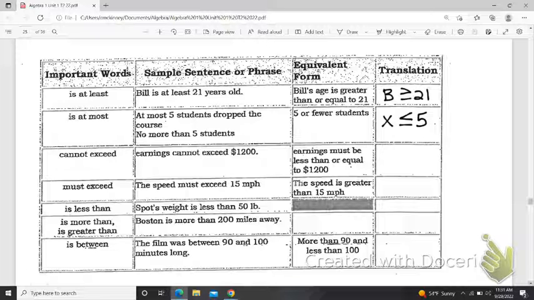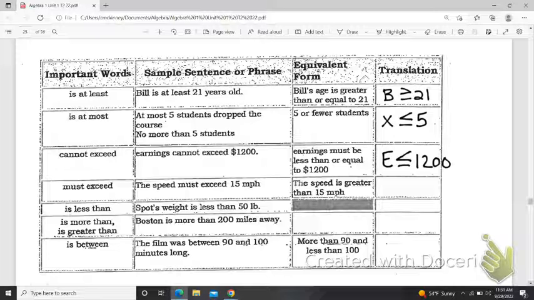So there's lots of different ways that we could word that. If the earnings cannot exceed $1,200, so if they can't go over, exceed would mean go over 1,200, then the earnings must be less than or equal to 1,200. 1,200 itself is okay.